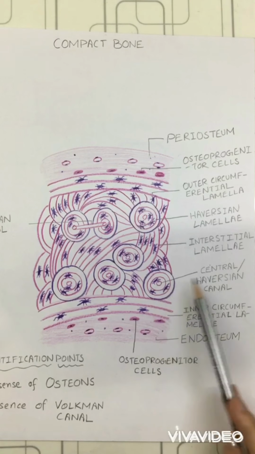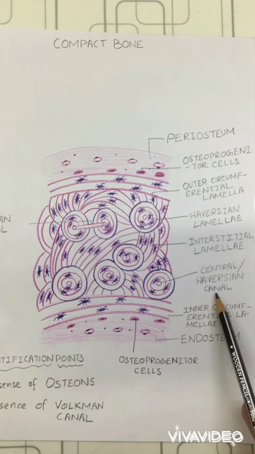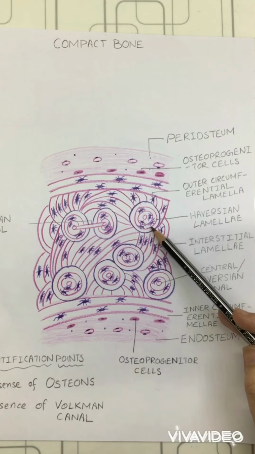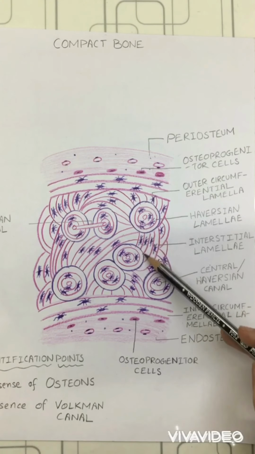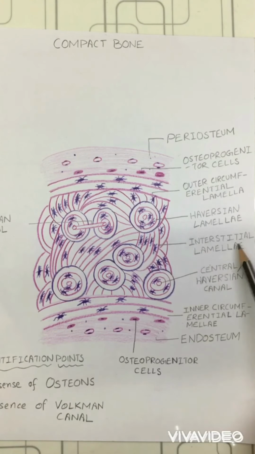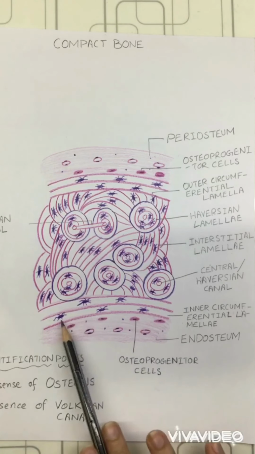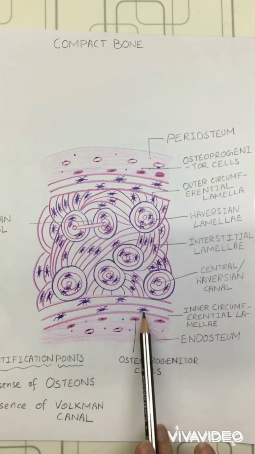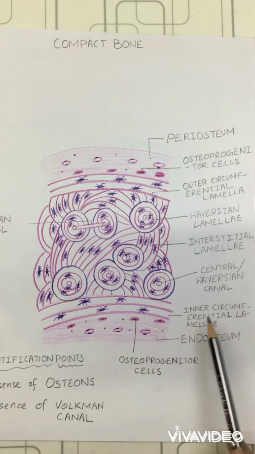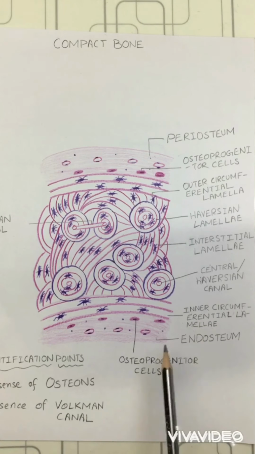The central canal is also known as the Haversian canal. The lamellae present between the neighboring osteons are known as interstitial lamellae or intermediate lamellae. The lamellae present beneath the endosteum are known as inner circumferential lamellae.